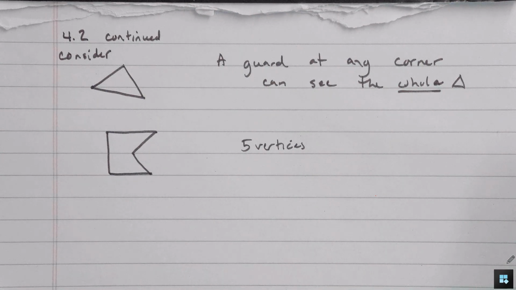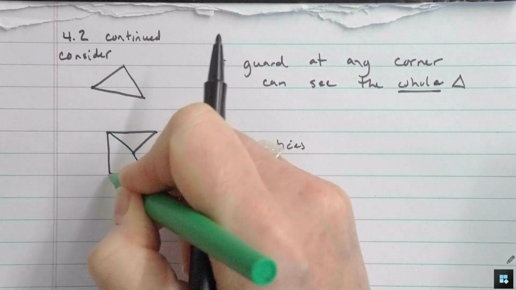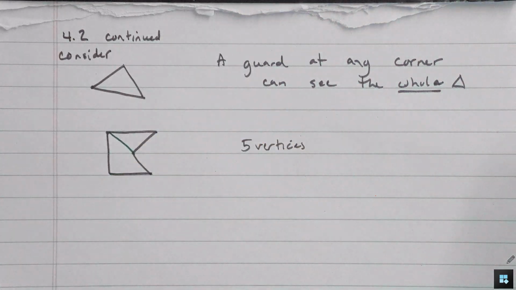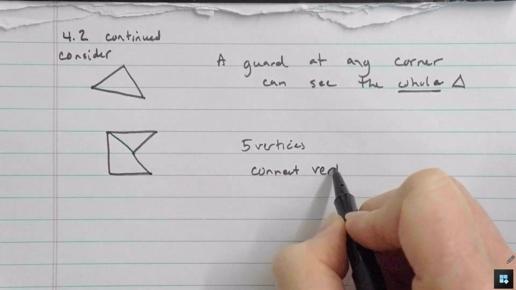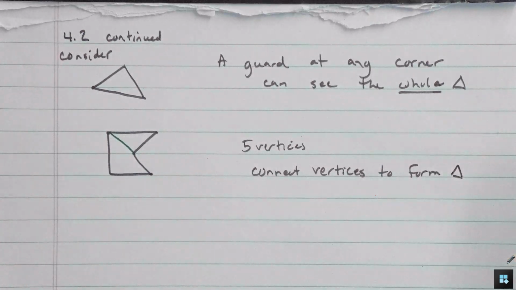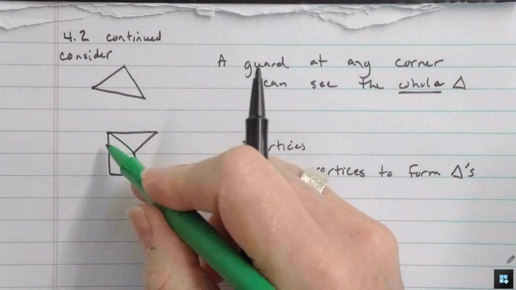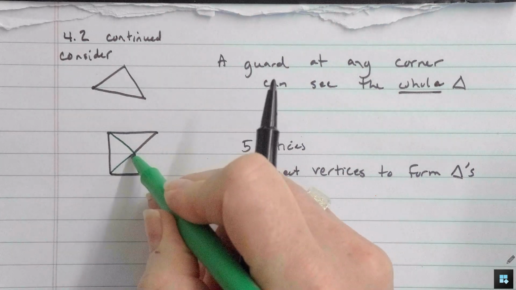So we'll cut that up into triangles just by connecting vertices. So only connecting at the corners, don't connect in the middle of one of the line segments. Connect at the vertices to form triangles. I'm going to connect here to here, in case this looks like a straight line, but I didn't use a straight edge, so it may not be a straight line. So I'll connect one more here, okay?